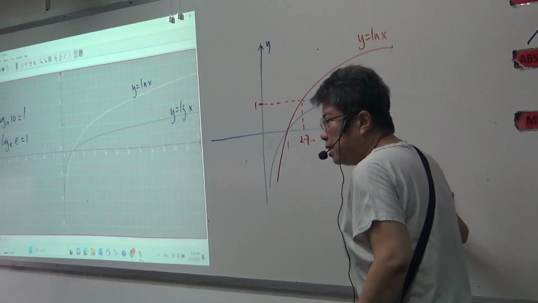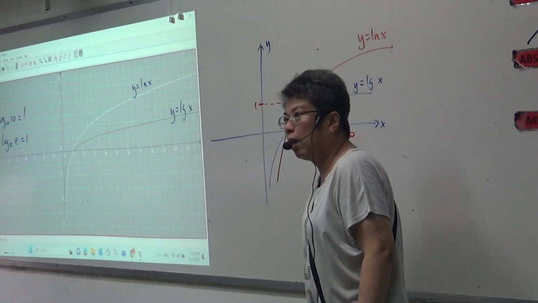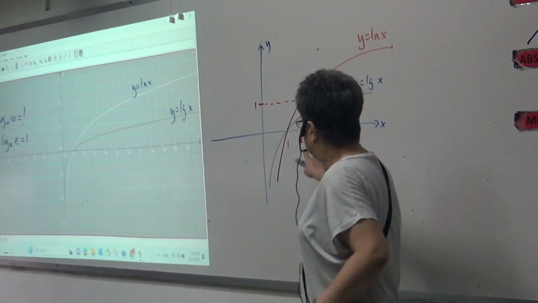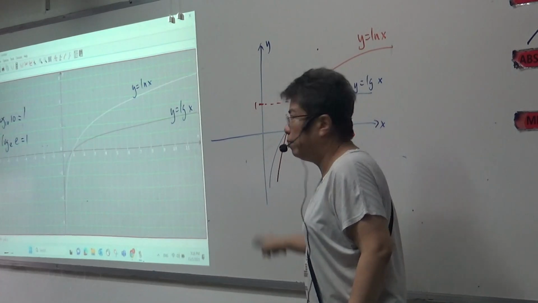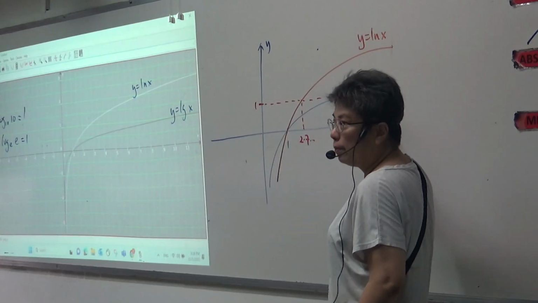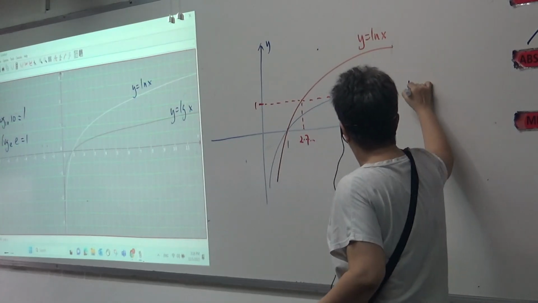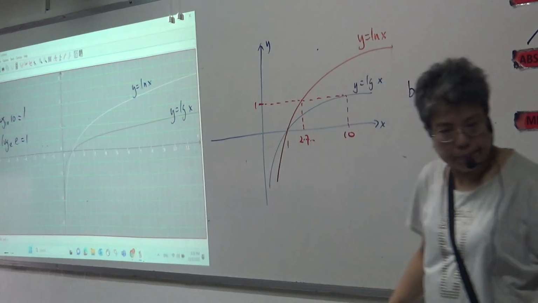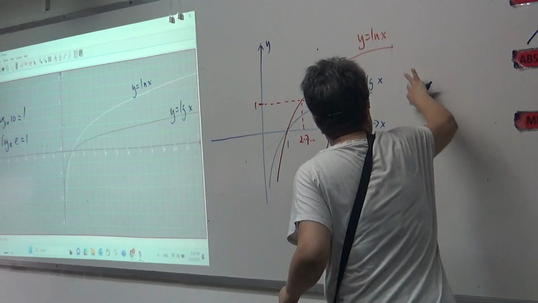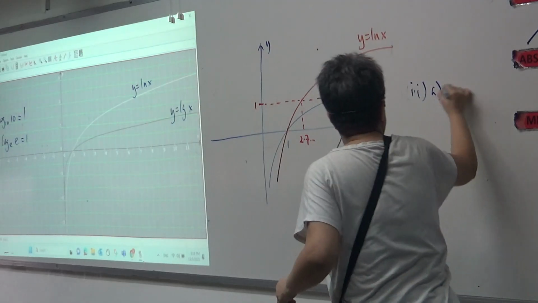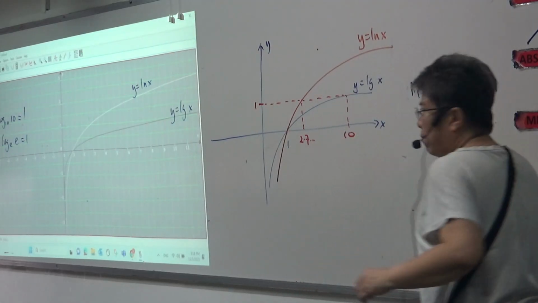Now, log x is bigger than 0 means what? Above the x-axis, right? Now, after 1 it is above the x-axis, can you see? I'm talking about the blue graph. Can you see it? So part 2A, the answer should be x bigger than 1, right?